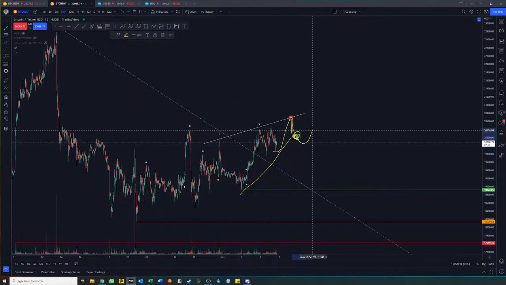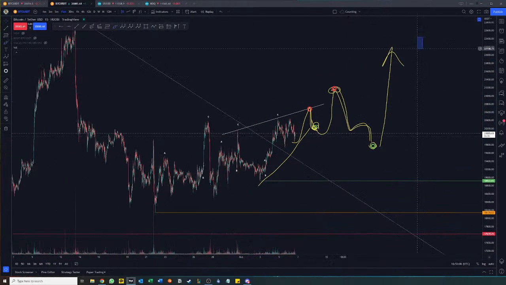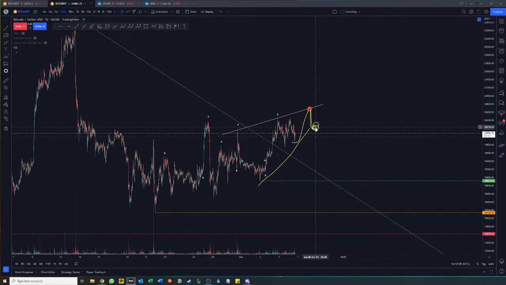Then if this goes back up again, I'll probably short again, and then recover fully at the ABC and then take long. So it's something like, yeah, and then goes up, something like that. It really depends. Depends on the wave.